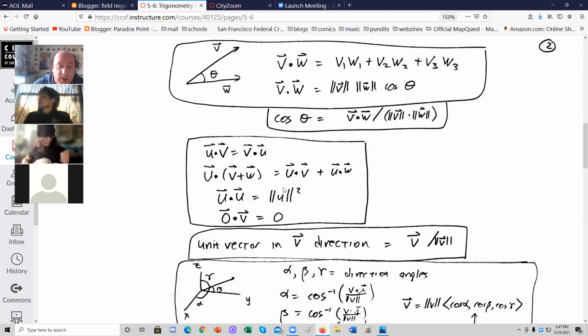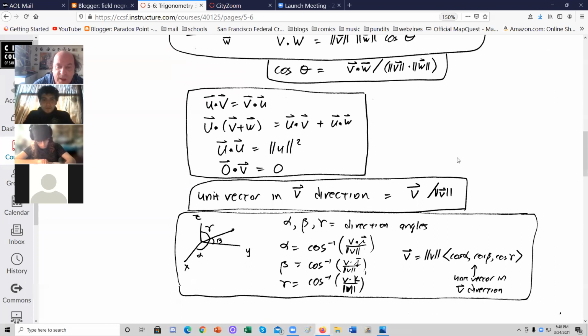This is a vector addition, this is scalar addition. u dot u is the length of u squared, that follows from this. u dot u will be length of u squared times cosine of 0, which equals 1. And also v dot v will be v1 squared plus v2 squared plus v3 squared, in accordance with Pythagoras. And the 0 vector, 0 by 0 by 0, dotted with any vector is 0.